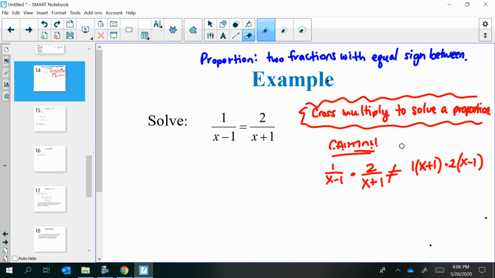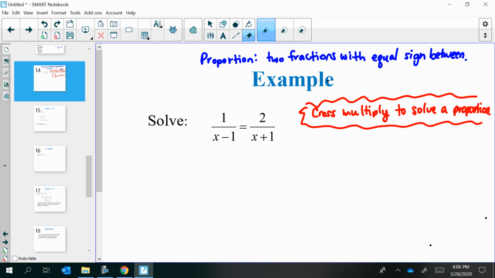You don't cross-multiply when it comes to multiplying fractions, and the term cross-multiply can seem confusing. When we multiply fractions, we multiply them straight across.